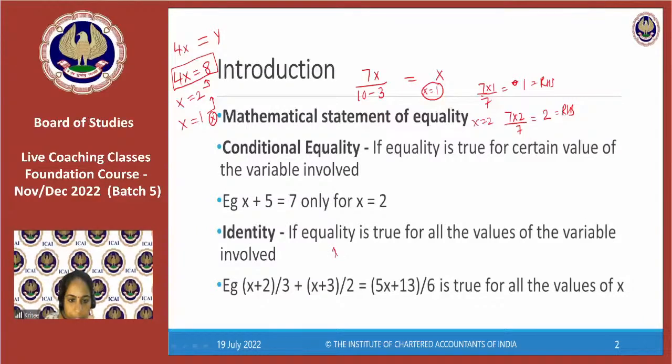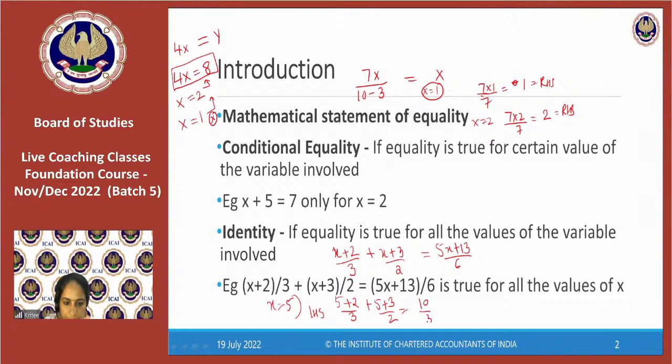For example, the one that I have taken here is (x plus 2) by 3 plus (x plus 3) by 2 is the same as (5x plus 13) by 6. Whatever value of x you take, supposedly I take x equal to 5. Then (5 plus 2) by 3 plus (5 plus 3) by 2 is going to be your LHS. That is 7 by 3 plus 8 by 2, which is 4, which is 14 plus 24 by 6, 38 by 6.